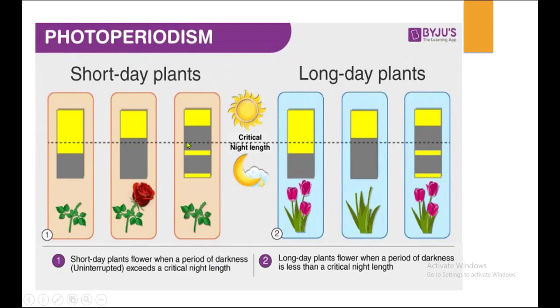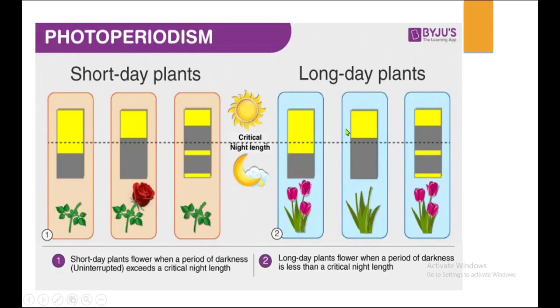So here the period is greater than the critical length, but it is interrupted at different intervals by artificial light having wavelength equivalent to the natural light which was necessary for flowering. So when the dark period was interrupted, then the flowering is again not induced.